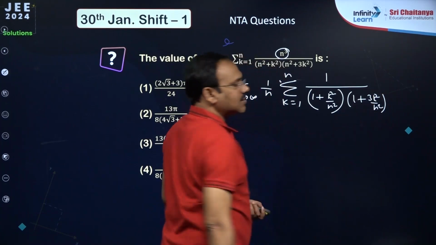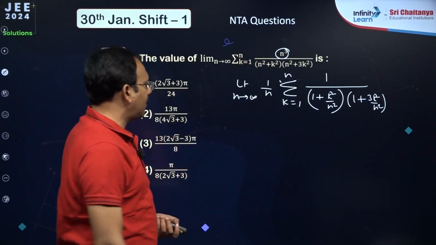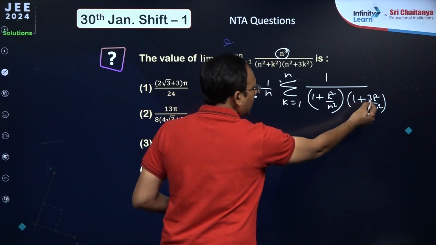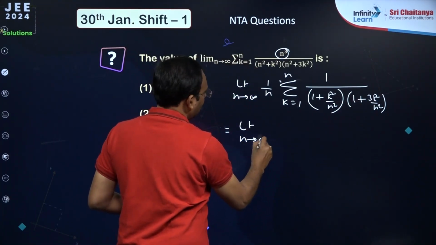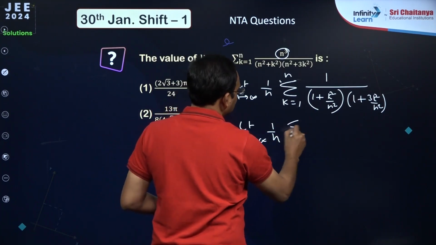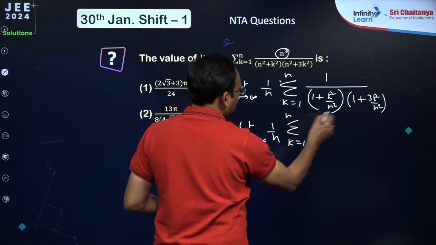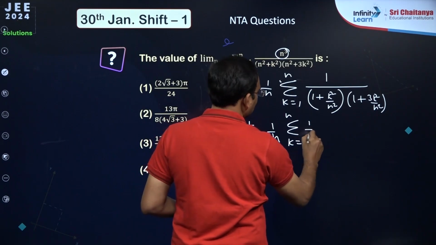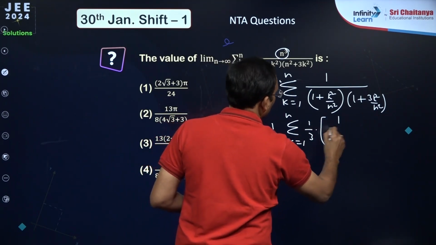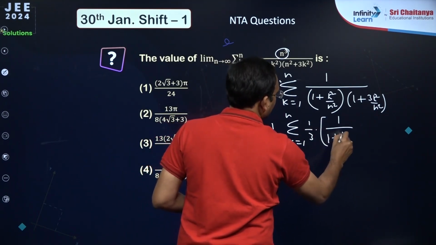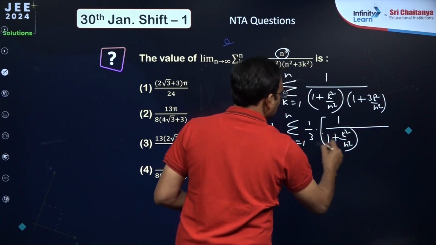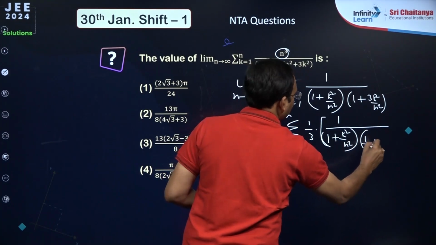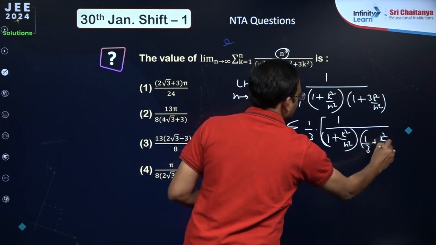I need to arrange the problem in terms of r by n or k by n. Even here you divide by 3, so that this becomes limit n tends to infinity, 1 by n, sigma k equal to 1 to n, 1 by 3 into 1 by 1 plus k square by n square, into 1 by 3 plus k square by n square.